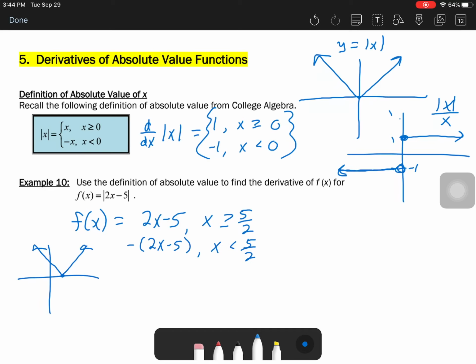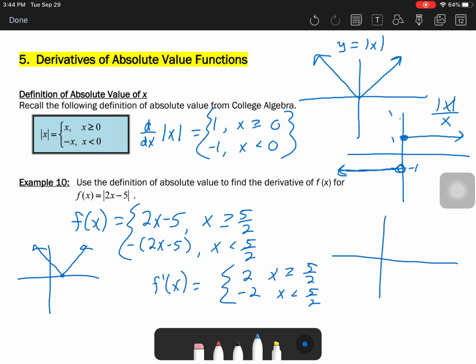So when we do f prime of x, it would be 2 for this part when x is greater than or equal to 5 halves, and negative 2 when x is less than 5 halves. What that would look like is same kind of a thing like this.